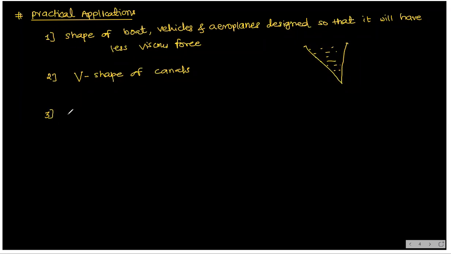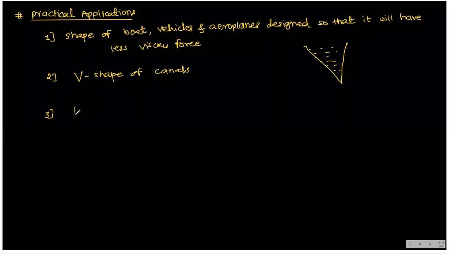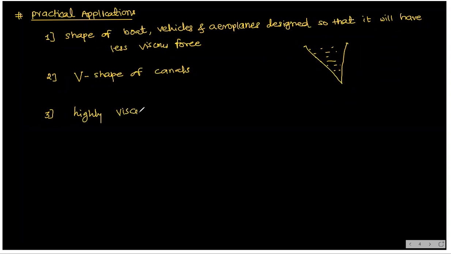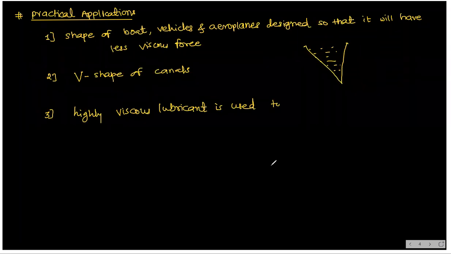Next, one more application. Highly viscous lubricant, such as grease, is used in machines.